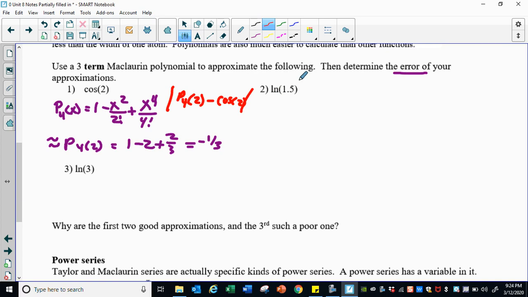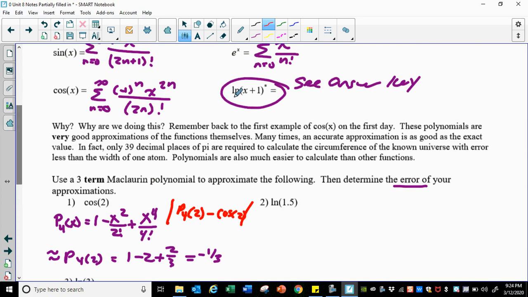So if we did natural log, I'm not really sure which, I guess we would use whichever one I have up here that I couldn't remember, because this is centered at 0, but it's going to be an approximation for natural log of x plus 1. So it looks like I'm changing the center here, but I'm not.